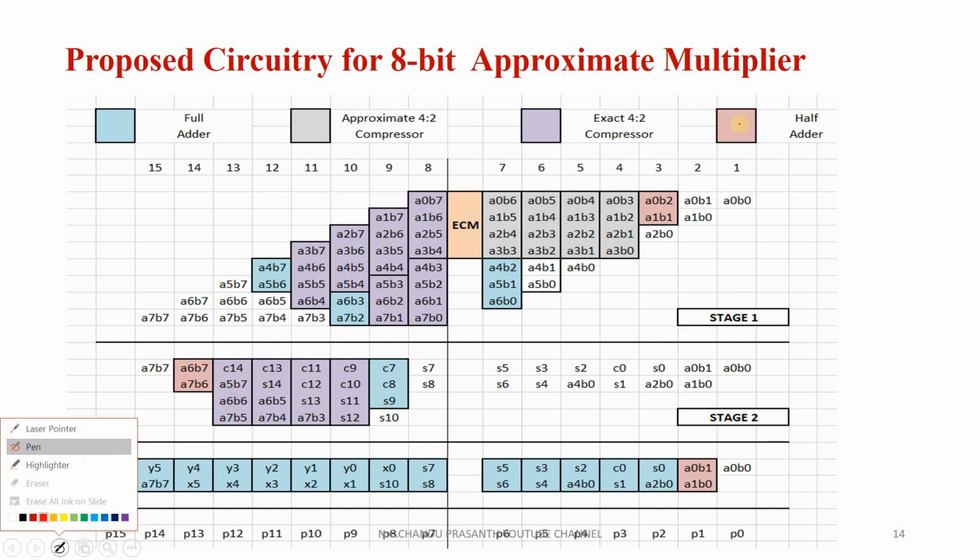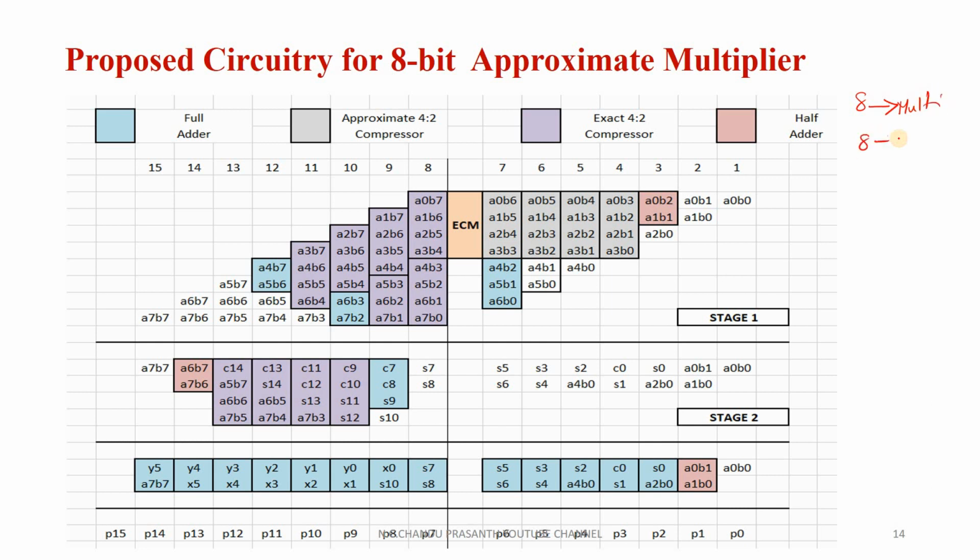Here 8 bits are the multiplier and another 8 bits are the multiplicand, so the output is 16 bits. See here, this is an 8-bit portion and another 8-bit portion. This is the approximation portion, and this is the normal portion.